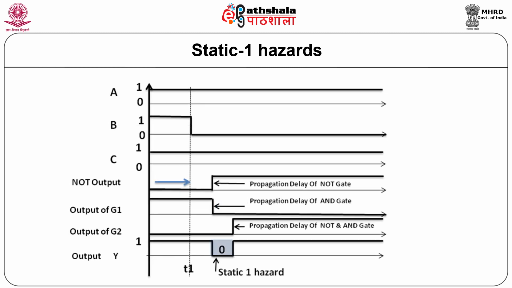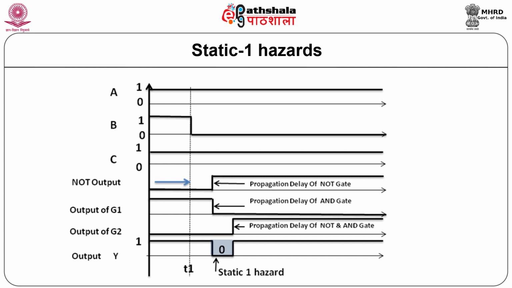Let us consider A is equal to 1, B is equal to 1 and C is equal to 1 as initial condition. The output of 2 AND gates is G1 is equal to 1 and G2 is equal to 0, which provides the final output Y as 1.